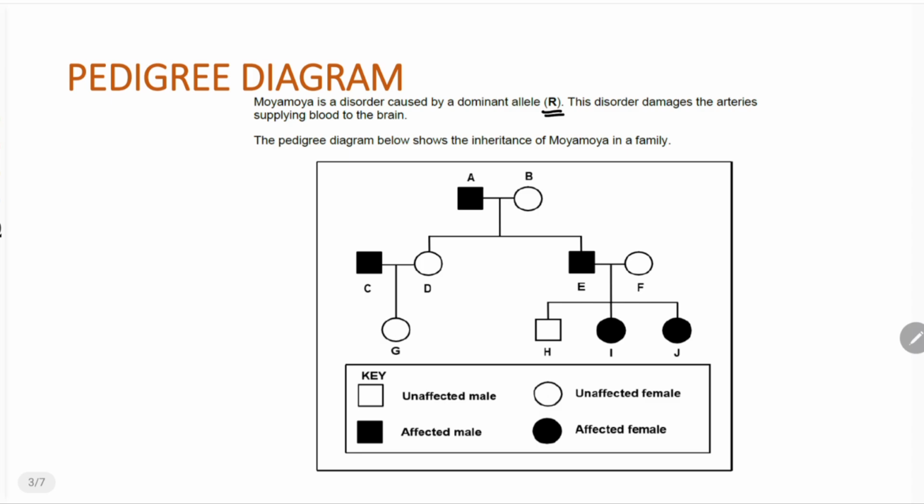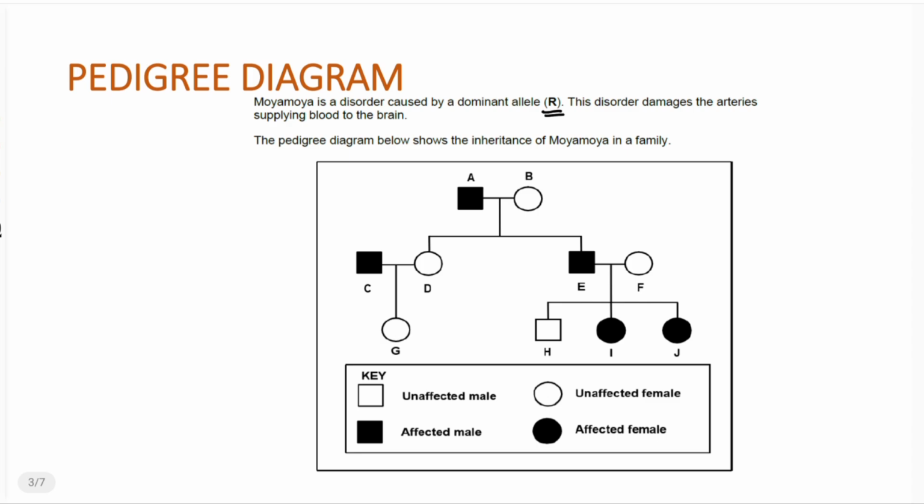Now, the instructions here are very simple. Moyamoya is caused by a dominant allele, which is capital letter R. And the person who is affected by moyamoya here would be black. So a black box and a black circle. Those are people that are affected by moyamoya. Now let's try to come up with the genotypes, right?